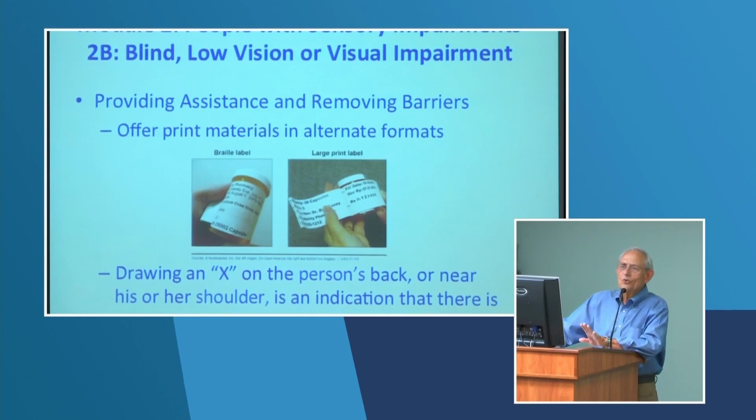Now, in a true emergency, when you need to exit the building quickly, they're blind, they're not deaf, so you can tell them this is a real emergency. But a universal sign for blind and deaf-blind persons, which is coming up next, is to draw an X with your finger on someone's back.